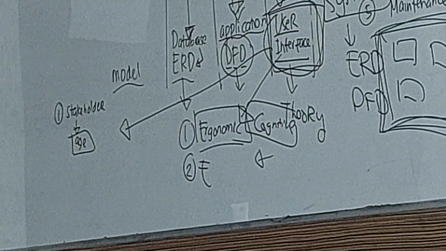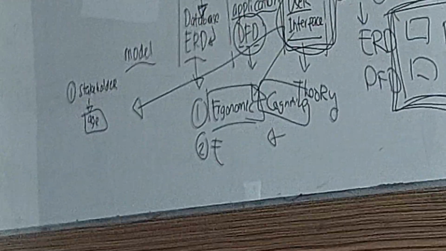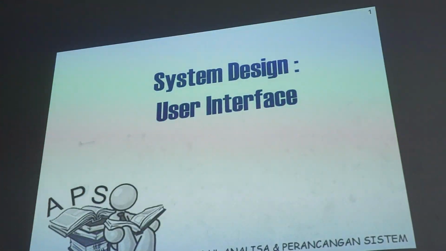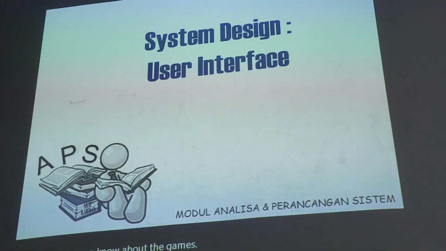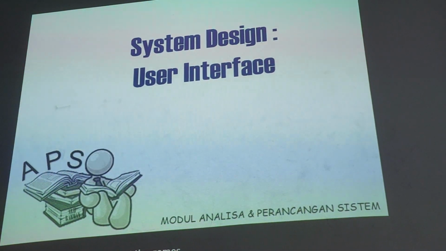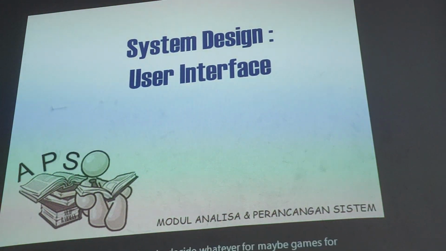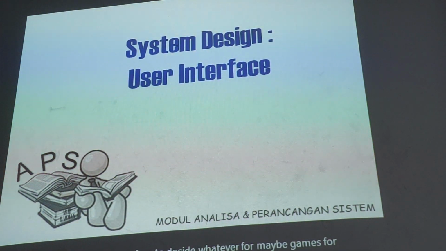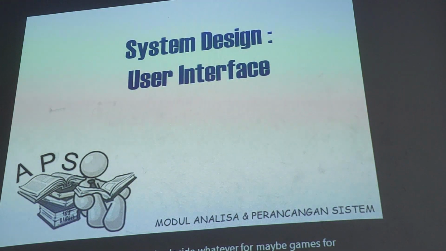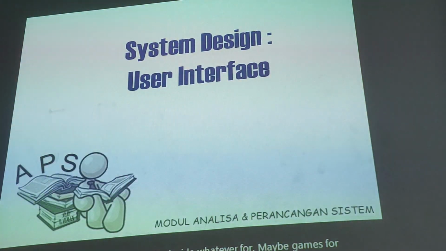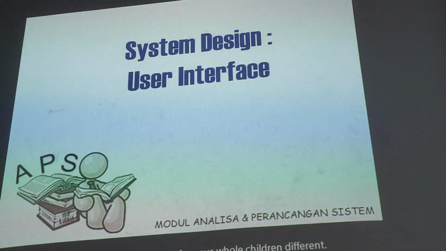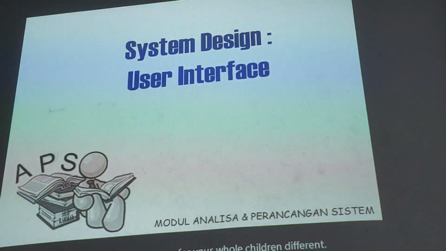Or you can think about games. The user interface design and modeling is different for games for babies, games for children, and games for college students. So they will consider it to design the user interface.